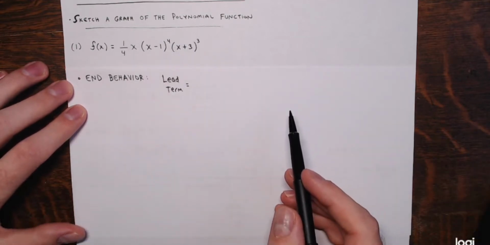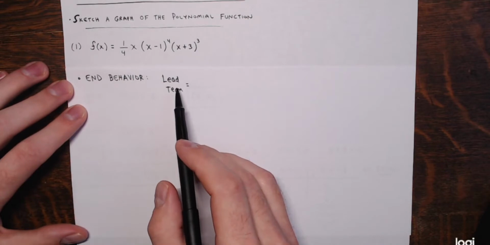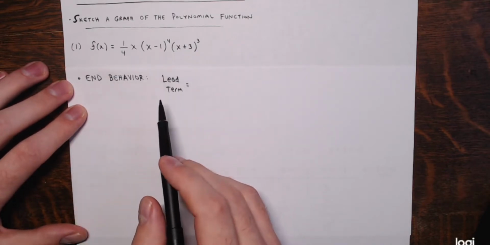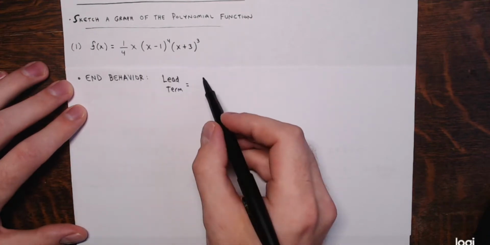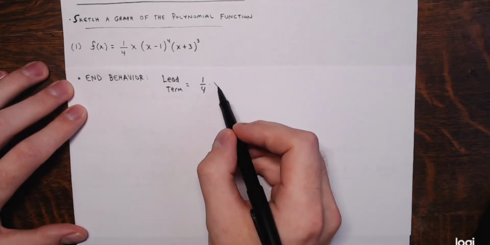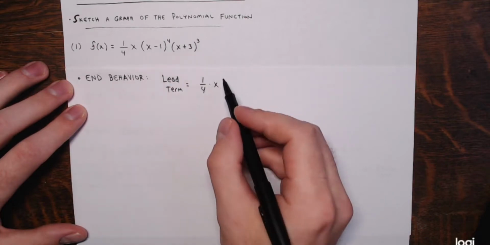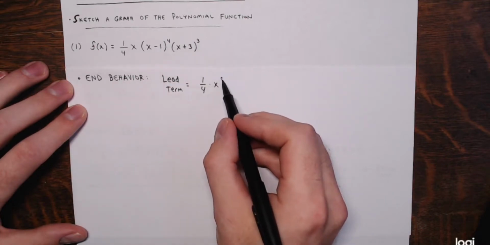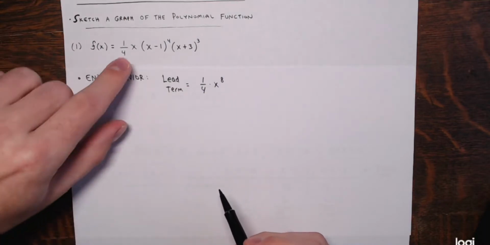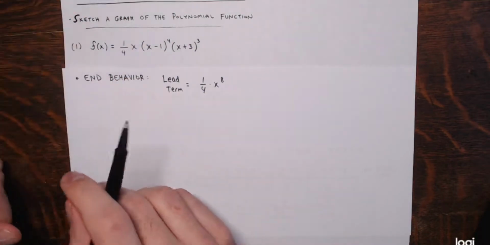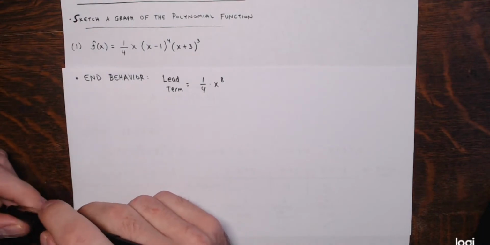And I've mentioned this before. If you want the lead term, just multiply the lead term of each factor. So you have 1/4 times x, and then times x to the 4th times x to the 3rd. So really it's x to the 8th, because you have x to the 1st here, then x to the 4th, x to the 3rd, if you multiply the lead term of every single factor.